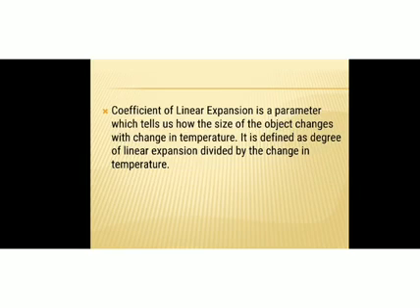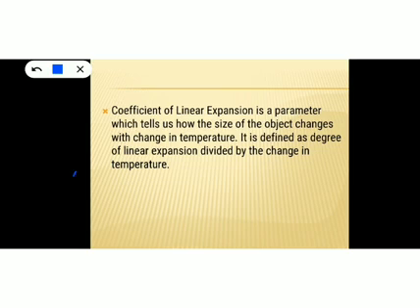The coefficient of linear expansion is a parameter which tells us how the size of an object changes with the change in temperature. It is defined as the degree of linear expansion divided by the change in temperature. I had already told you, whenever the dimension of a body changes, the fractional change in that dimension will be proportional to the change in temperature.